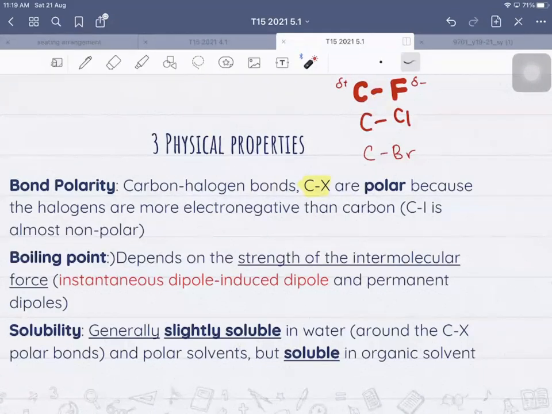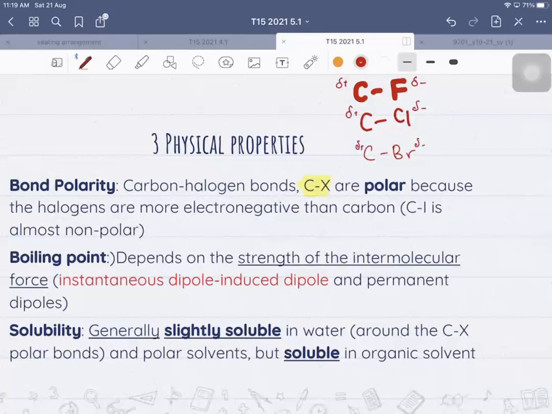Okay, compared to carbon-chlorine, chlorine is still one of the most electronegative elements as well. It will have a delta minus, but not as big as your fluorine. Carbon will still become delta plus. Bromine, it will still be polar, but not as polar as the first two mentioned before, delta minus and delta plus.